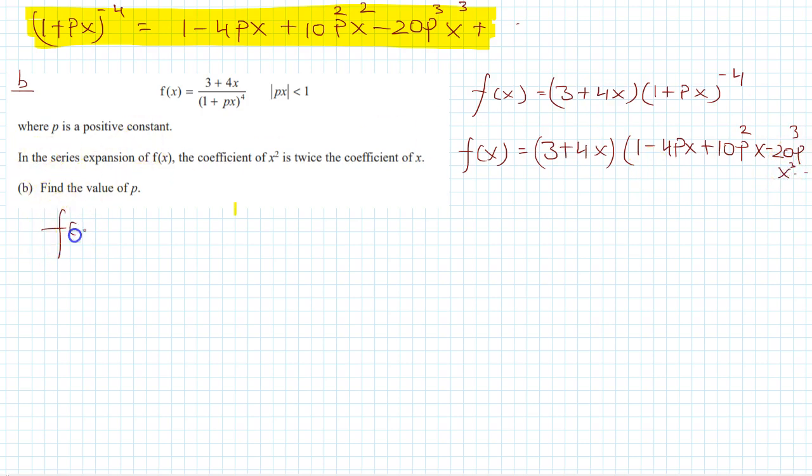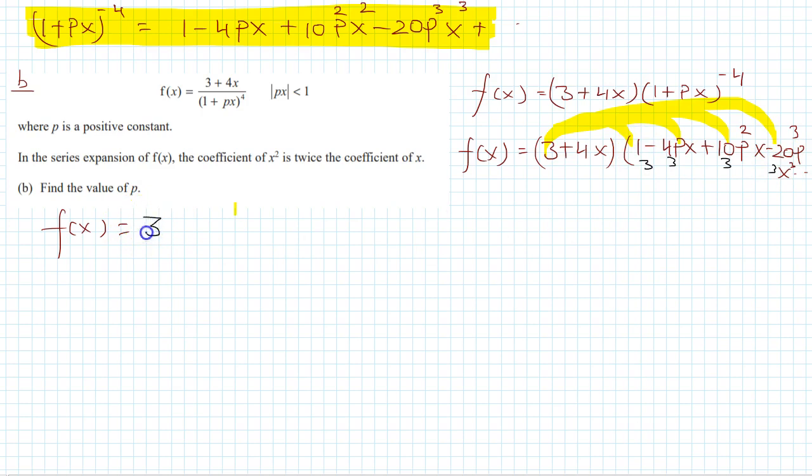So now f(x) is equal to, first we multiply 3 by 1, 3 by this, 3 by this one, and 3 by this one. So let's see, multiply this by 3, this by 3, this by 3, and this by 3.